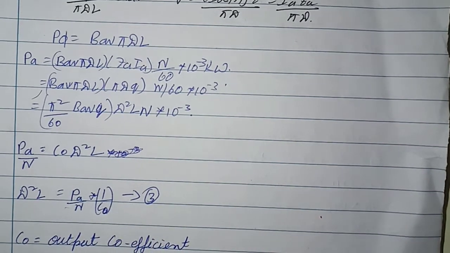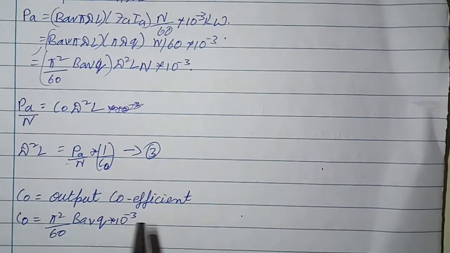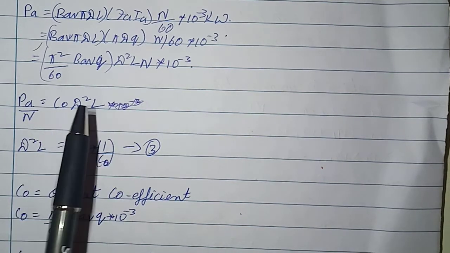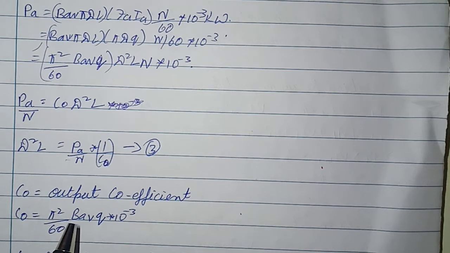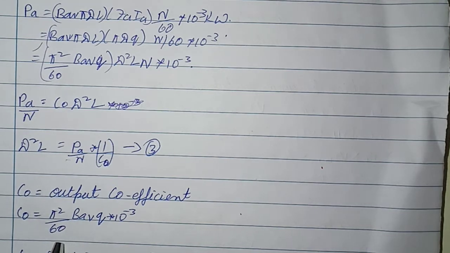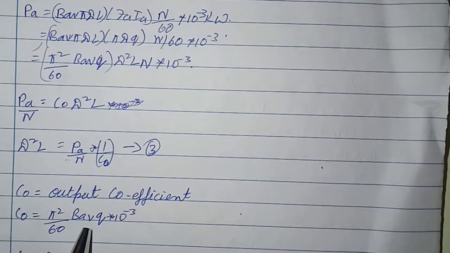C naught is known as the output coefficient, and from this basic equation it is pi square by 60 into B average into Q into 10 raised to minus 3. So this is the C naught, the output coefficient.